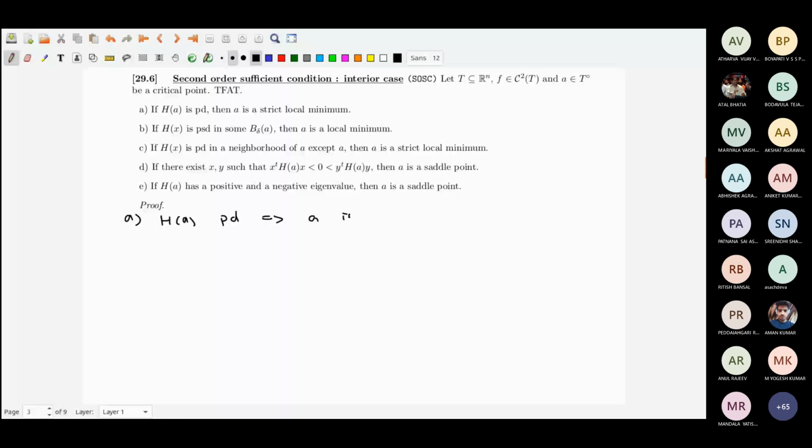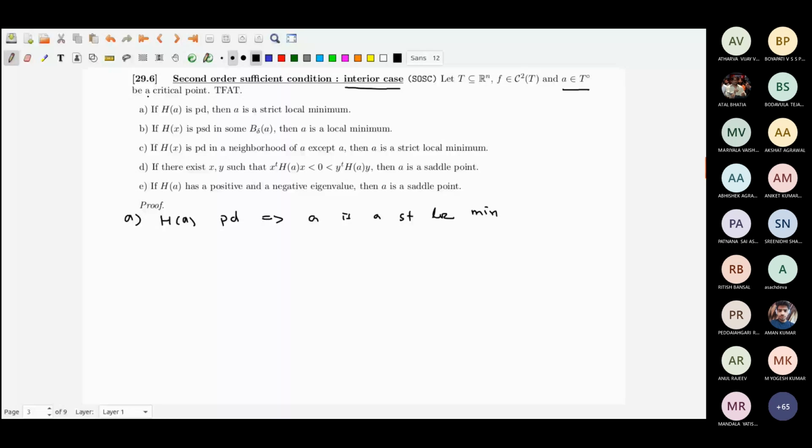Now wait a minute. Remember, we are talking about the interior case. What are the assumptions? The function is twice differentiable, and we are talking about the interior case, which basically means I have assumed that A is a point of the interior, and it is a critical point. Critical point means the points at which the derivative is zero, the gradient is zero, or f dash is zero, whatever you want to say, they are all the same thing. f dash is a row vector.